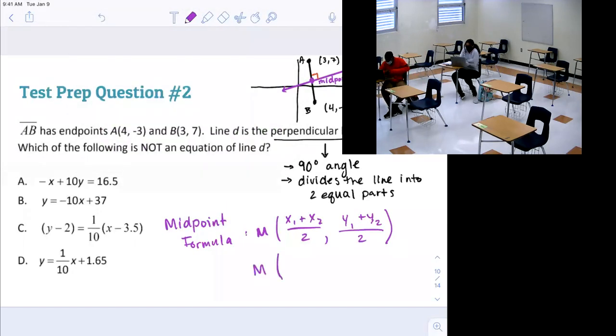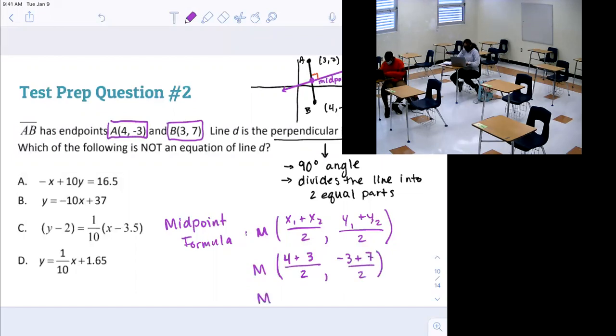The midpoint is going to be, I have these 2 points. I'm going to use those values in my formula. So what do I put in for x1? 4. x2? 3. And then y1, -3, and y2, 7, and I divide that by 2.